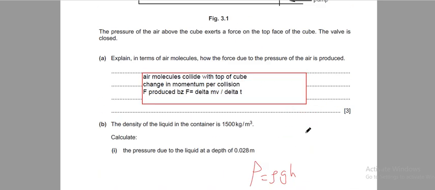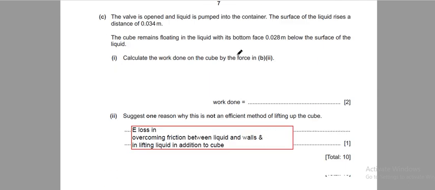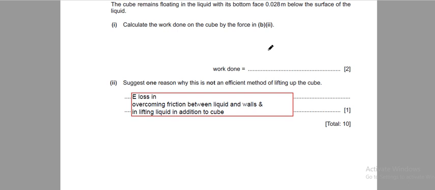The distance is the distance that the liquid moved the cube up, which is this distance. So we have a fixed value of force, and a distance that the liquid, which produces the force, has moved.